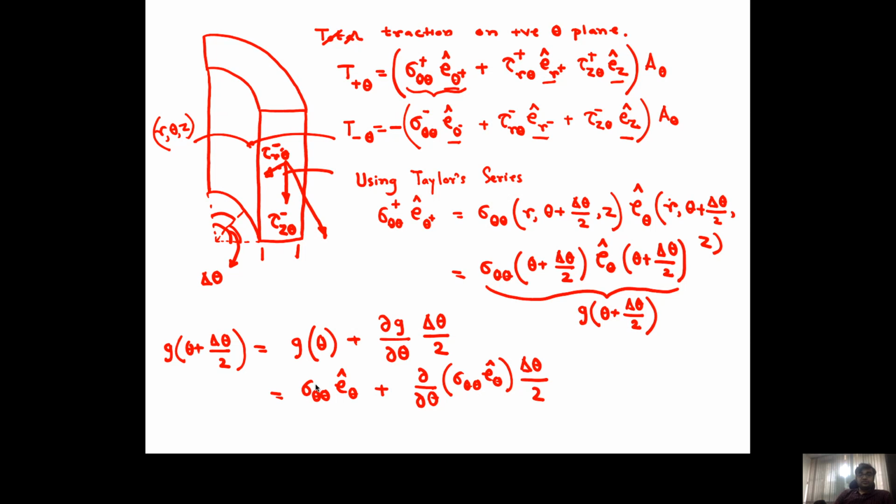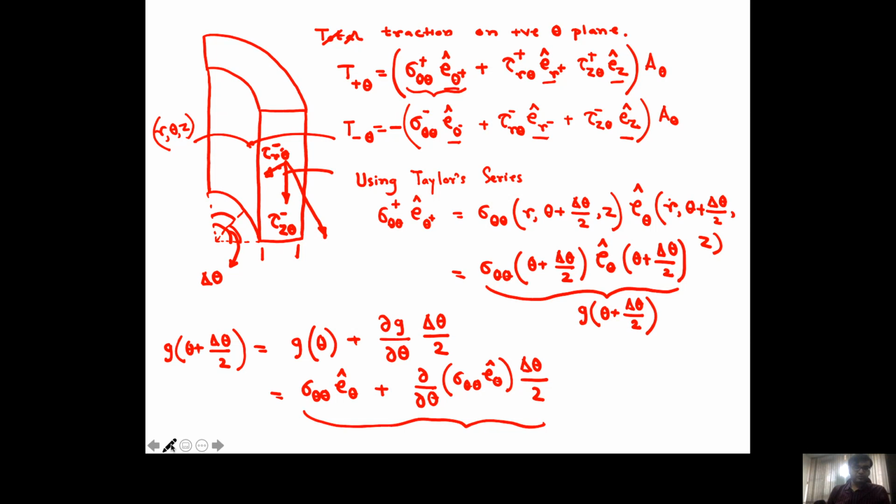And this is just one of the terms from sigma theta theta plus. So this is just sigma theta theta plus. Without doing any calculation, I can write down tau r theta plus and tau z theta plus. So let us write it down.